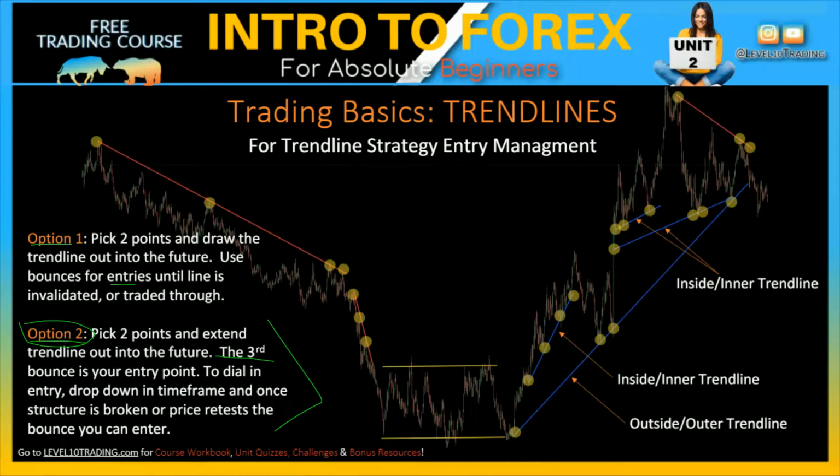But you're also using multiple time frame analysis for confluence. So let's say you're trading on the daily time frame. You're going to drop down to the hour, maybe the 30-minute, and look for structure being broken or price to break through that trend line and retest it on the bounce before you enter.